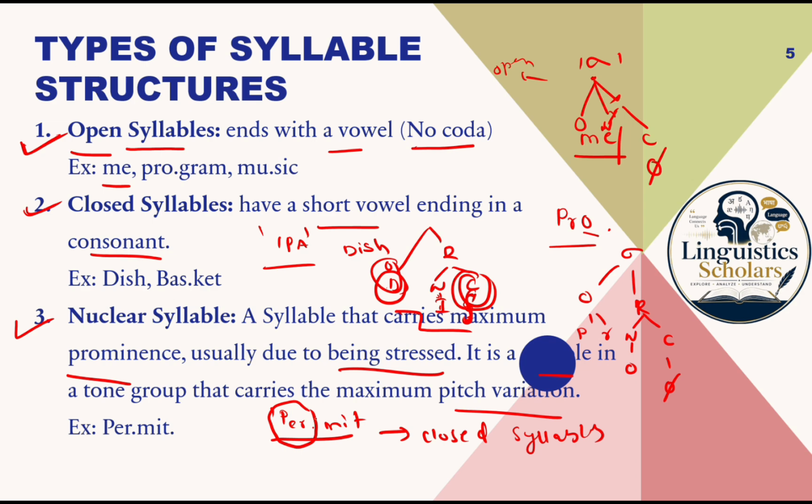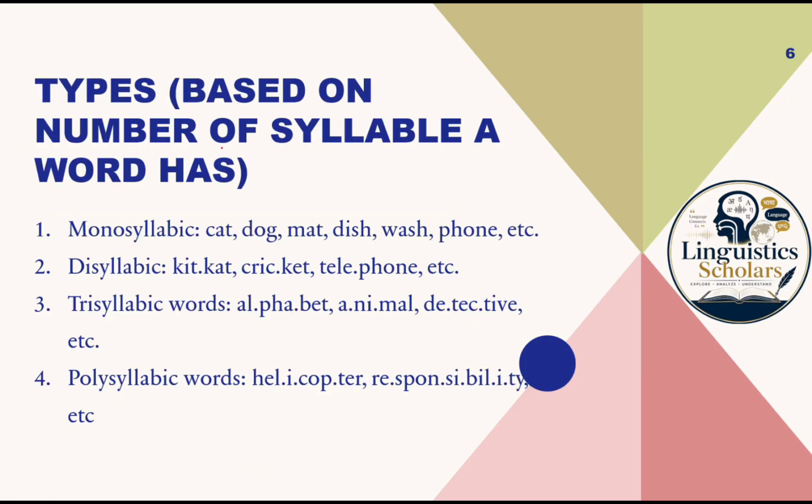This is called the nuclear syllable, and this is a closed syllable. Because it takes maximum pitch variation, it takes maximum stress, and especially it is a primary stress. If it is a primary stress, the duration of the syllable is relatively higher than the other syllables in the word. So these are the three major types of syllables based on the structure.